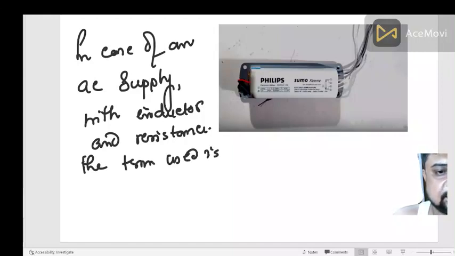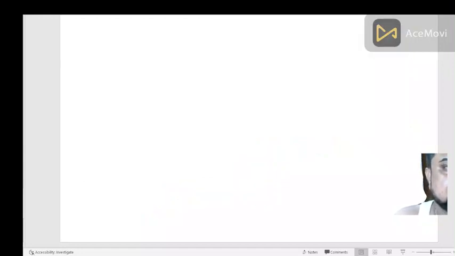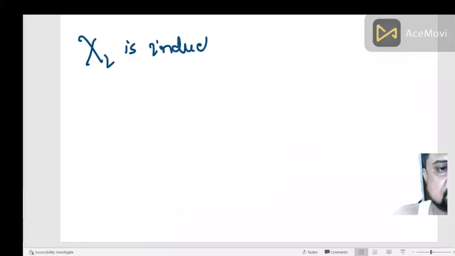The term used is called impedance. And mathematically, impedance in this case is root under RS square plus XL square. Now this XL is called inductive reactance. XL is inductive reactance.